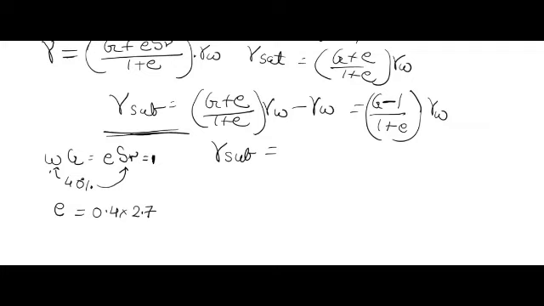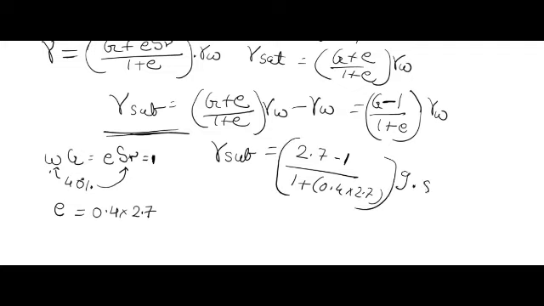So gamma submerged is (2.7 minus 1) by (1 plus 0.4 into 2.7) multiplied by gamma w, that is 9.81.